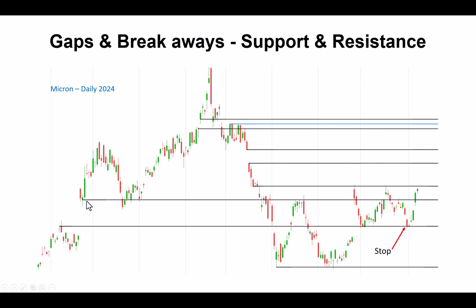But these gaps, and here we use body gaps, and when I talk body, it's the body of the candle. Forget about the wicks or the shadows here. So you draw the trend lines from these bodies, and then as you can see, they are actually quite interesting support and resistance levels into the future. And sometimes, of course, they will be obsolete because they have been broken.